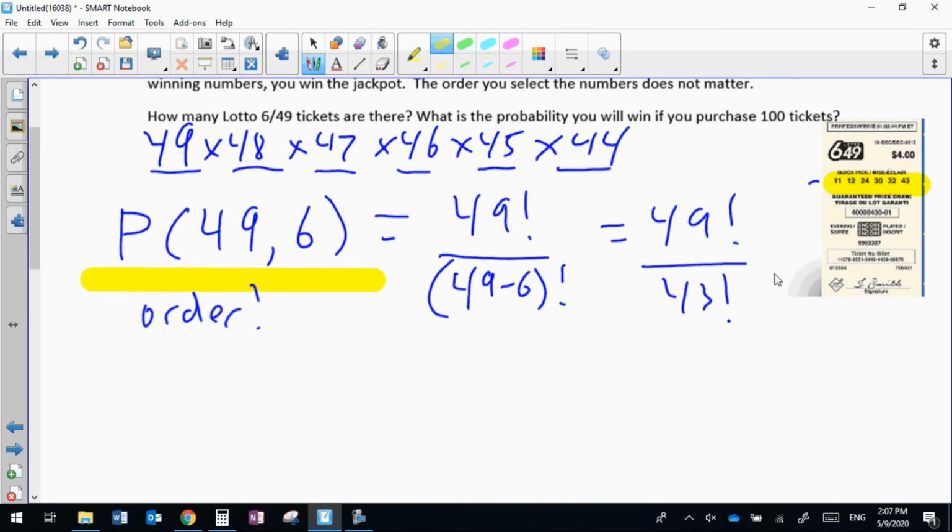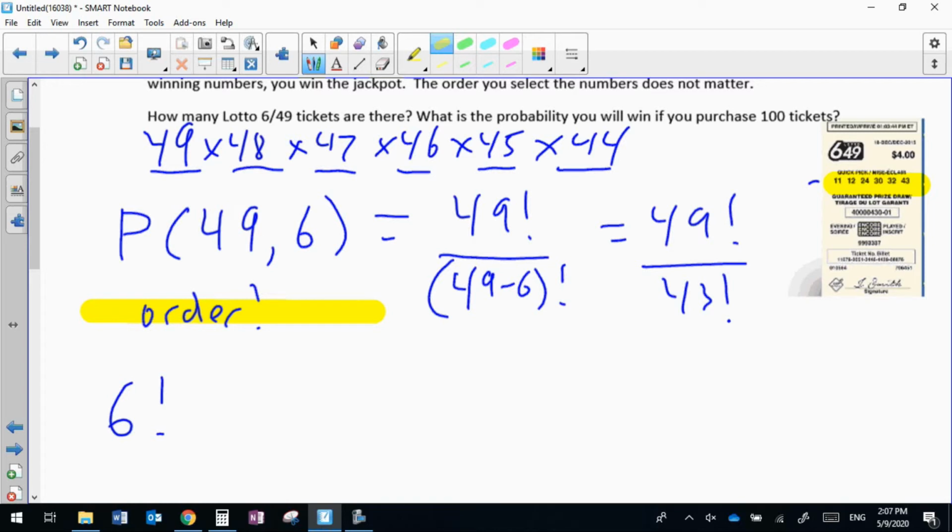How many fewer? Well, once you have the 6 numbers, there are 6 factorial ways of arranging 6 numbers. So I've overcounted every single combination of numbers. I have 6 factorial times too many because I've considered all the possible arrangements as being another winning ticket when it's not.